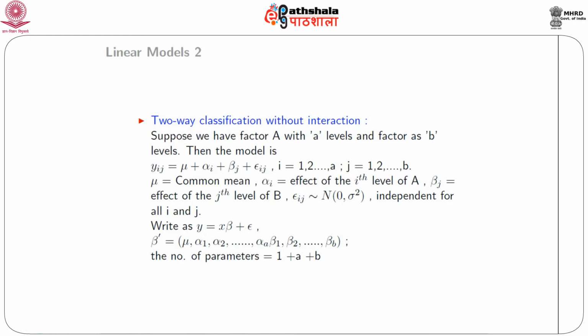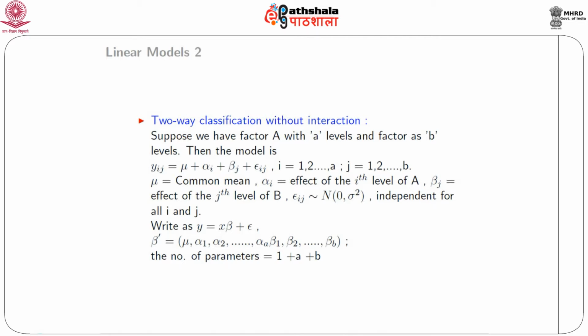We can write this system of equations in the form y equal to X beta plus epsilon, where beta transpose is the vector of all the parameters, and the number of parameters is of course 1 plus a plus b. You have to remember that because of unknown sigma square, the number of parameters is actually one more than what is written here. 1 plus a plus b is the number of coefficients.